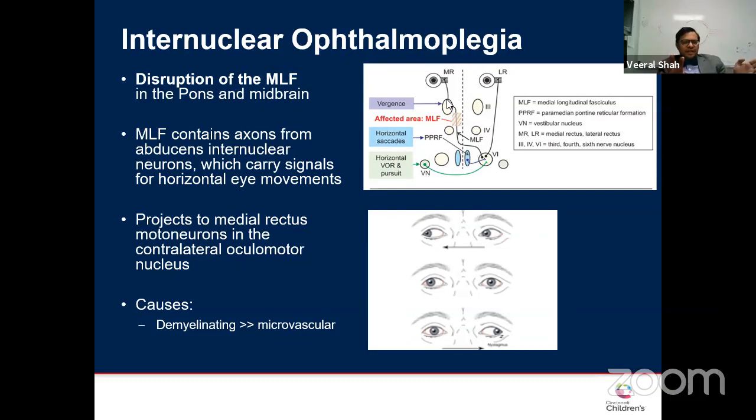You may or may not see that, but what you can see is that if you bring something up close and you ask them to converge, this will actually adduct in. And so that's a very important thing to test when you do your clinical exam. Now, the most common causes are either demyelinating, which is probably more dominant, or microvascular issues.